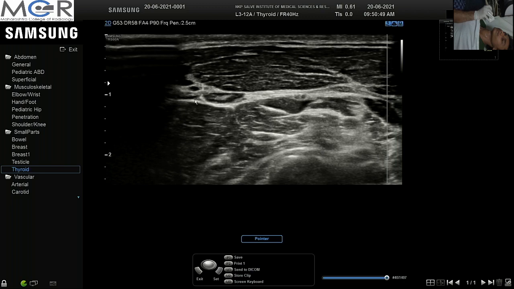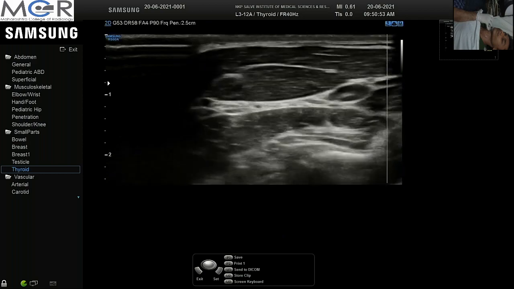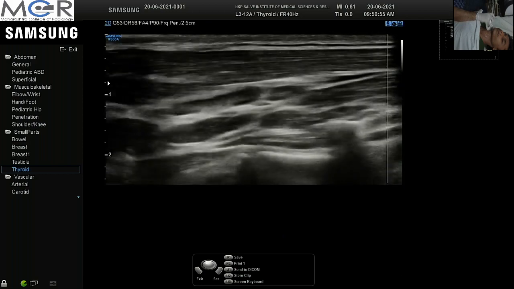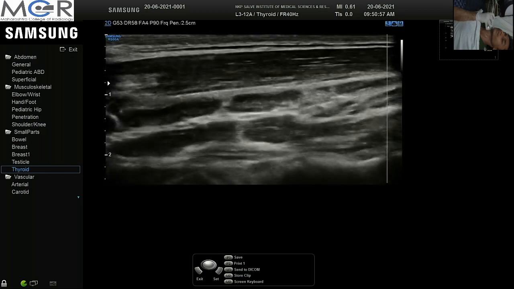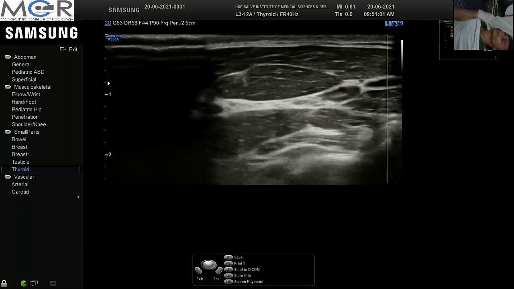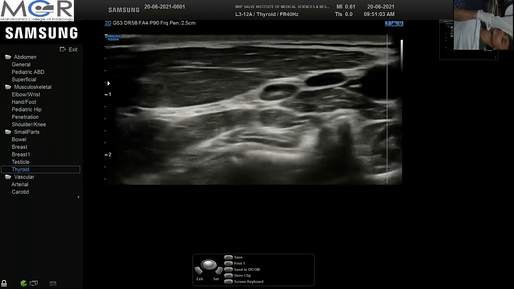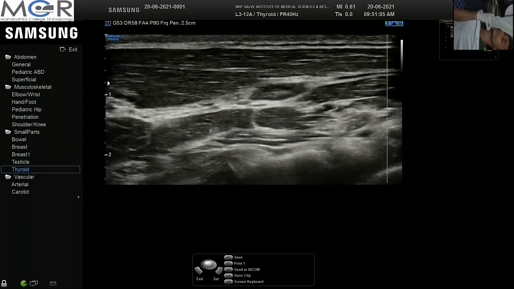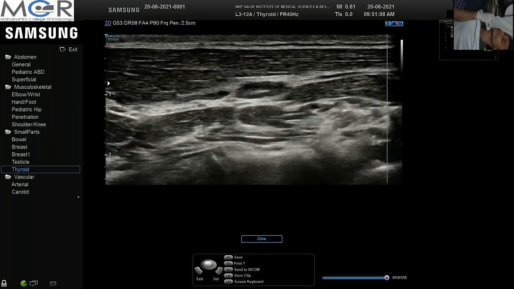So in short, to differentiate a benign lymph node from a malignant lymph node, we generally look at the 6 characteristics, and these include the shape of the node, whether it is oval or rounded. Here the benign lymph node is oval.